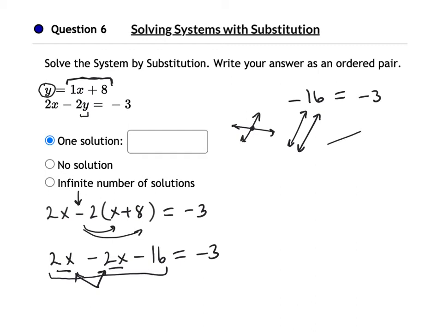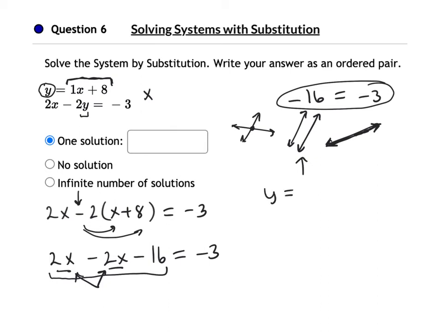Or you could graph a line, and the second line could be the same exact line, and they share every ordered pair, meaning there are an infinite number of solutions. This is a false statement, which is a clue that this is what's going on. These 2 lines are actually parallel, and they don't intersect.